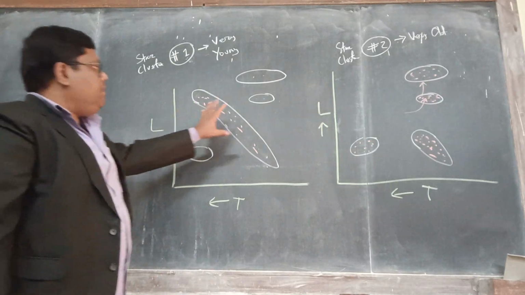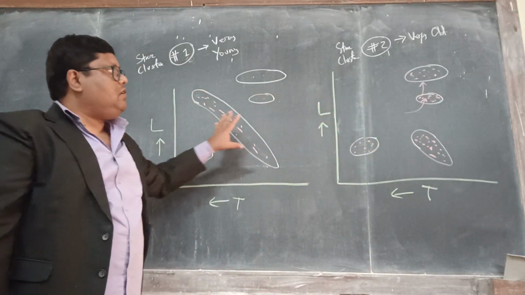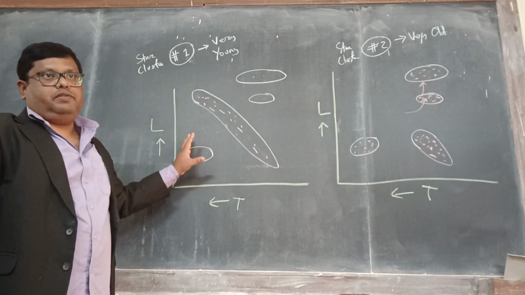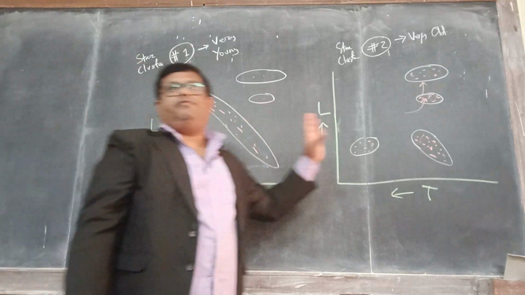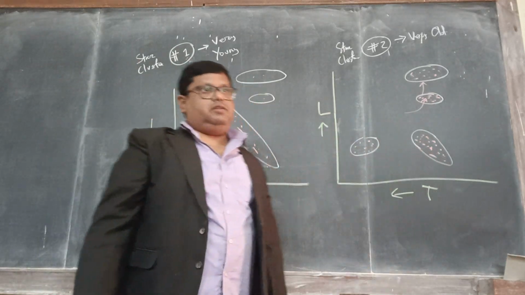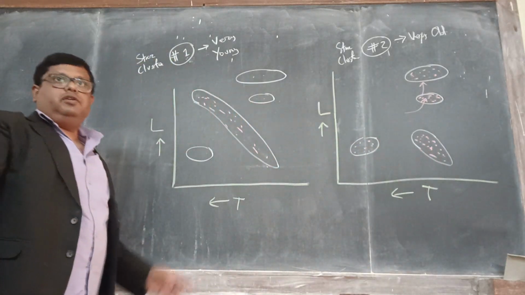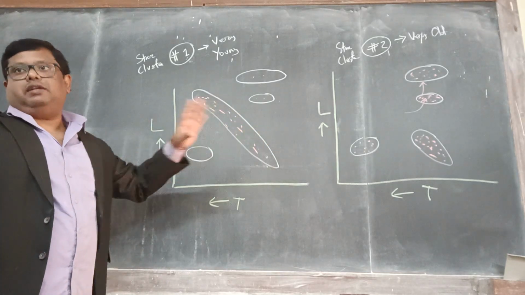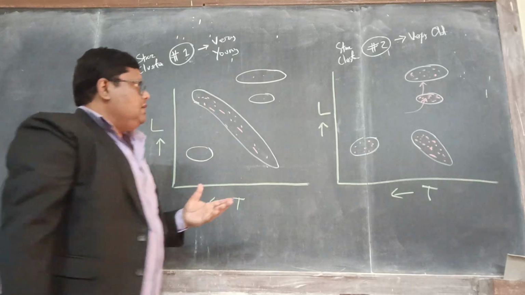So this will be a very huge observational difference between a young star cluster and a very old star cluster. So this is the difference in the HR diagram for different star clusters.